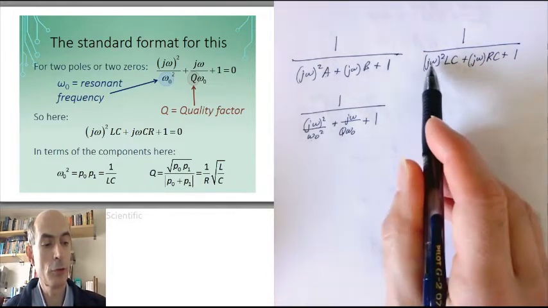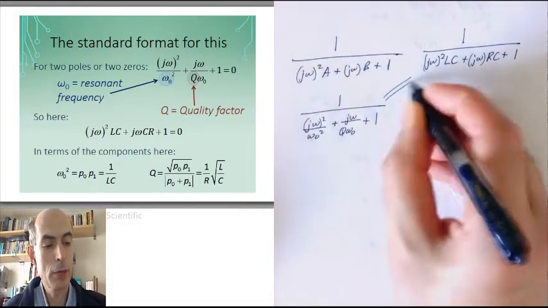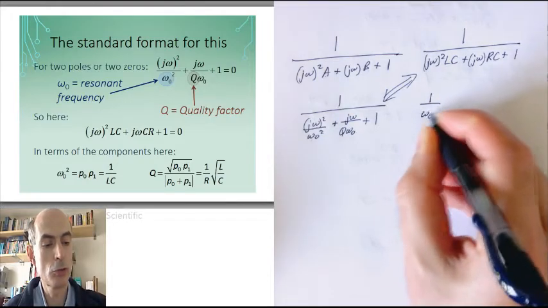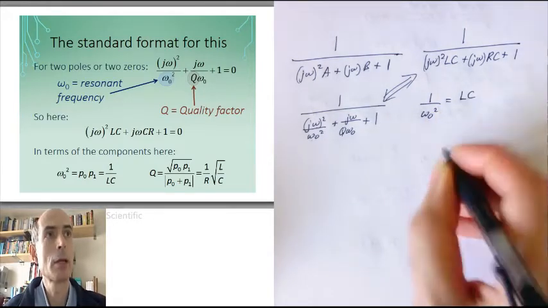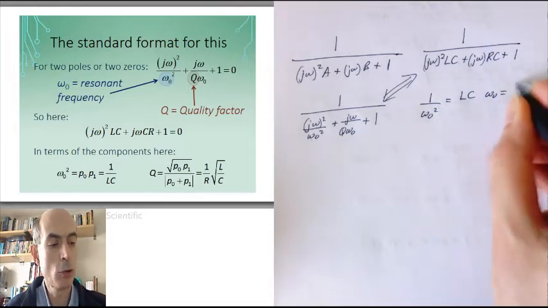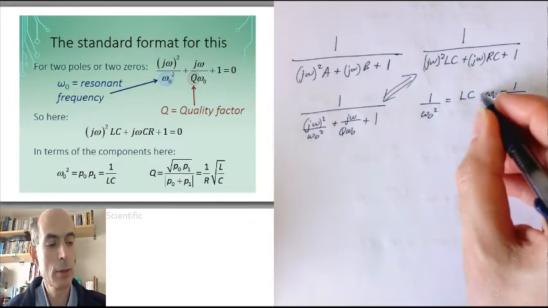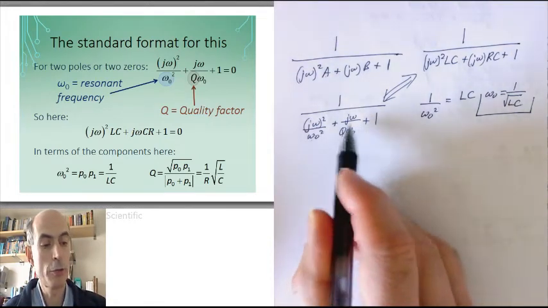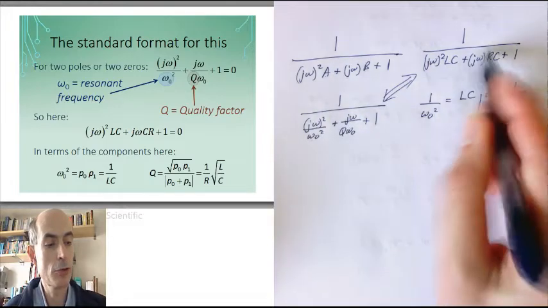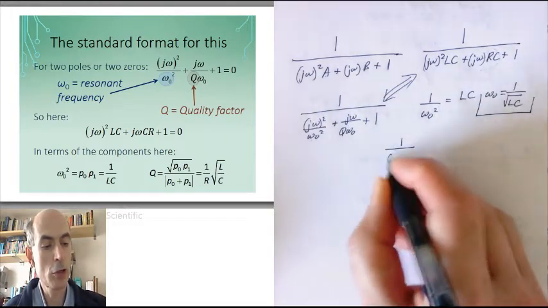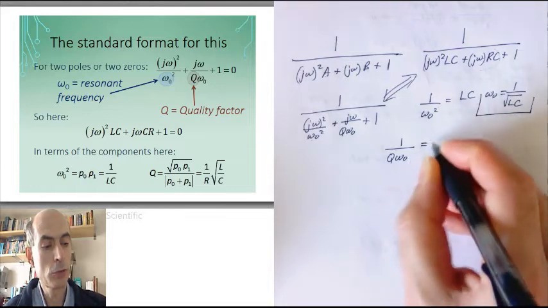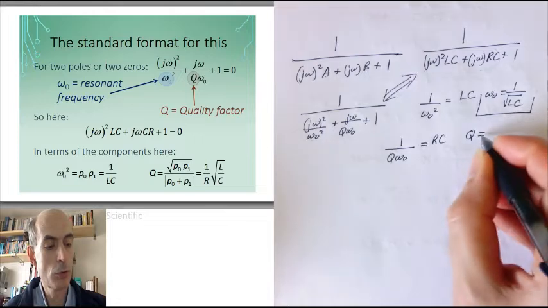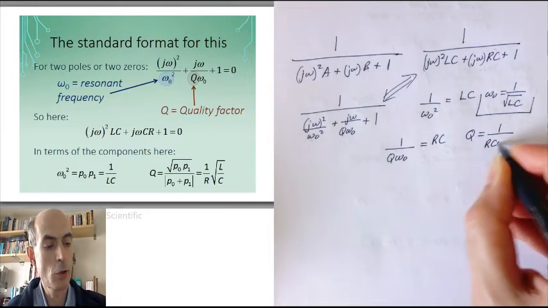So, for example, in this case here, comparing the coefficients of j omega squared would tell us that 1 over omega naught squared is LC, and therefore that omega naught is 1 over the square root of LC. And we could get the Q factor by equating the coefficients of j omega, this term and this term, and getting that 1 over Q omega naught is equal to RC, and therefore that Q must be equal to 1 over RC omega naught.